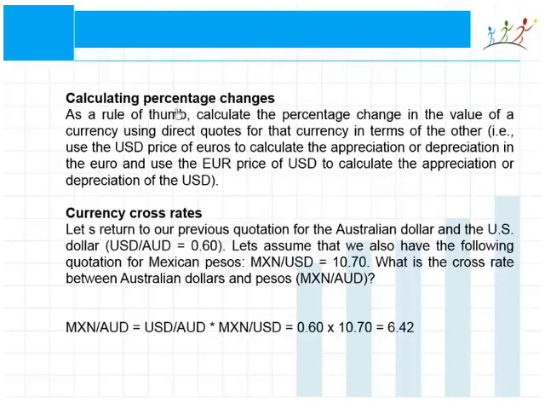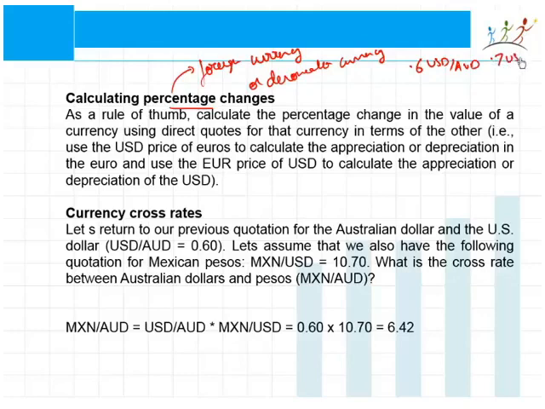So when asked to calculate percentage changes, remember that the percentage change is for the foreign currency or the denominator currency that you have calculated. For example, if 0.6 USD per AUD becomes 0.7 USD per AUD, the percentage change would be ending value minus beginning value divided by beginning value.